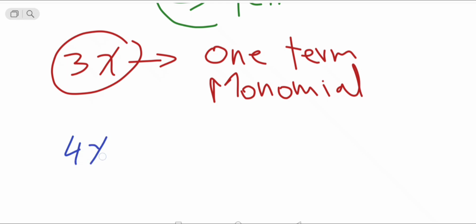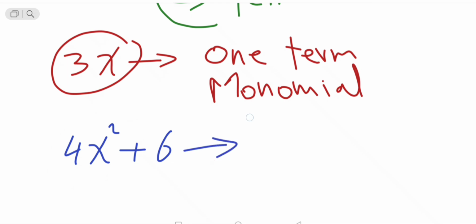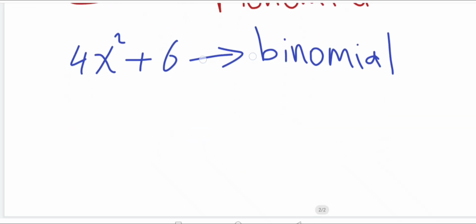For x square plus 6, there are two terms. If it is multiplying, it means it is one term. Dividing also one term. If it is plus or minus, then it tells us how many terms there are. So now there are two terms. If there are two terms, we say binomial.